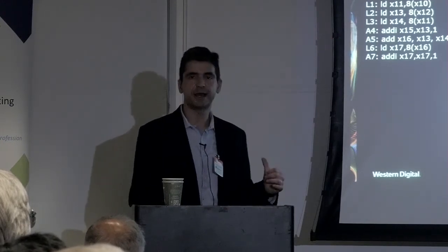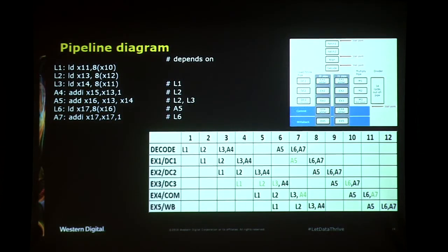Pipeline diagram. This pipeline diagram explains how the dual execution unit stuff works together with the code sample. Instructions are labeled with either L or A. L indicates loads, A indicates arithmetic instructions. The index with the label is just instruction 1, 2, 3 to 7. Let's focus on load 1, which is loading register X11.